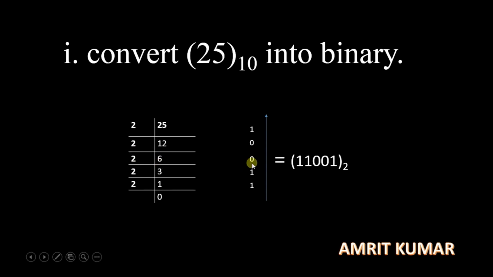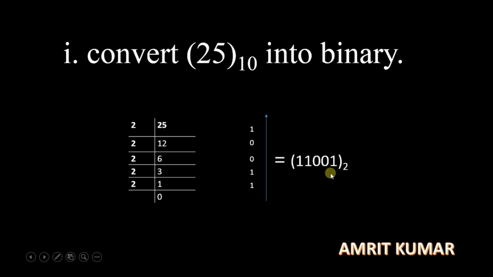This gives us 3, and when 3 is divided by 2, it gives the remainder 1, and in the same way when 1 is divided by 2, it gives the remainder 1. We follow the remainders from bottom to top, therefore I have written 1 1 0 0 1.